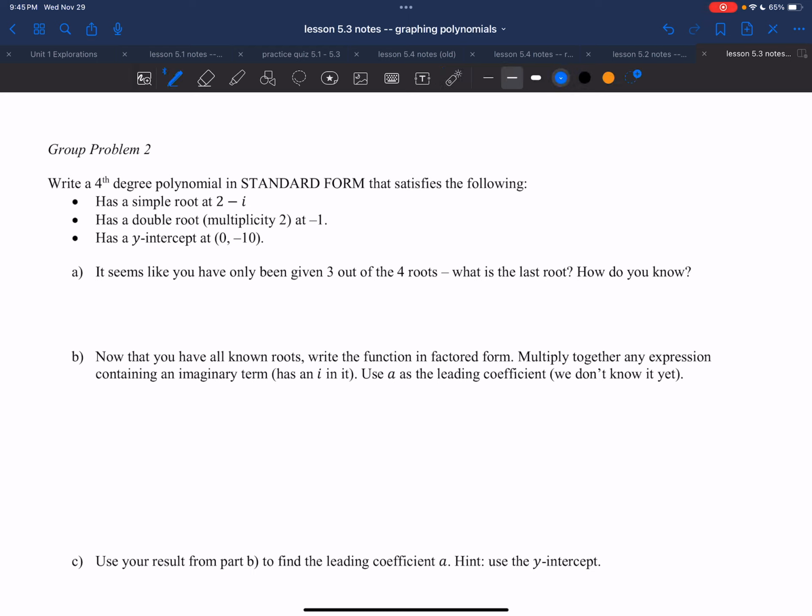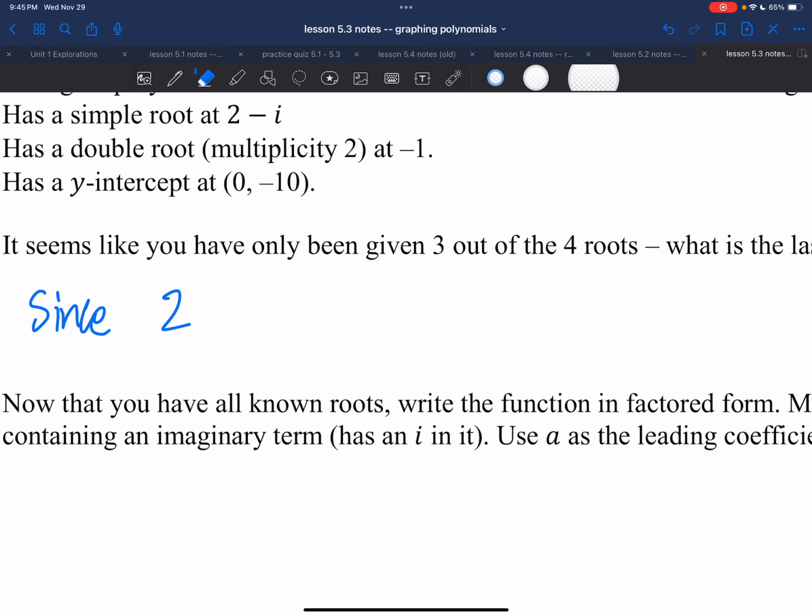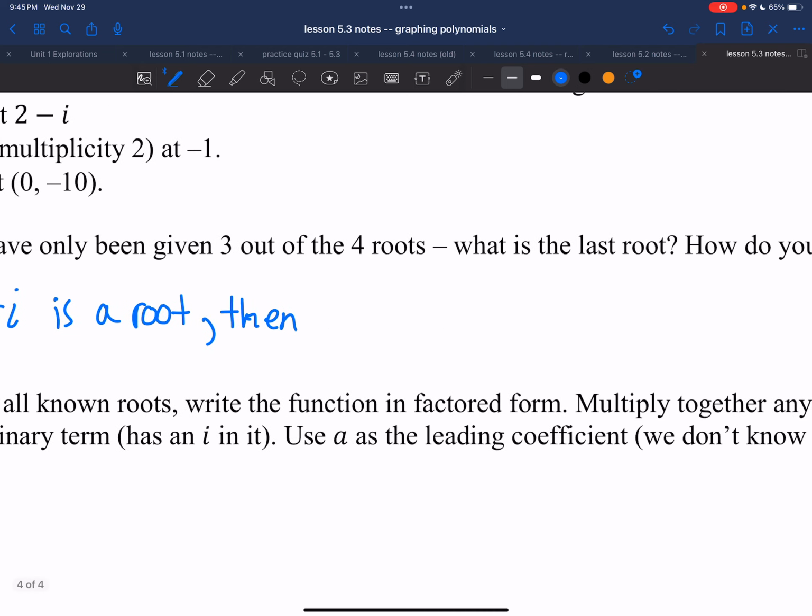Well, we know that since 2 minus i is a root, then what? Well, we just talked about it. Conjugate pairs. 2 plus i is the other root.